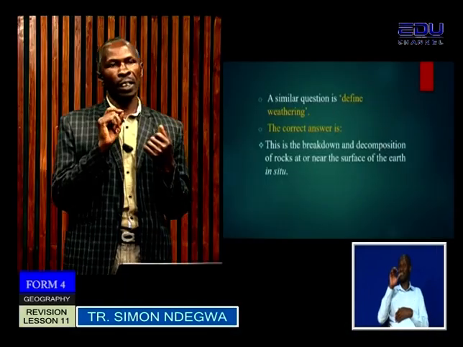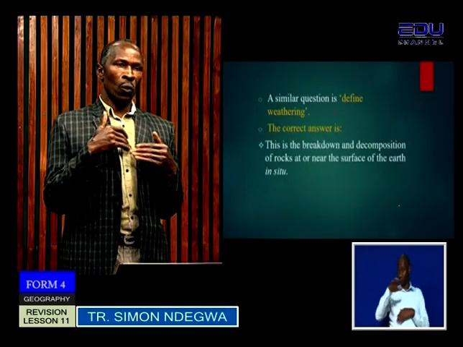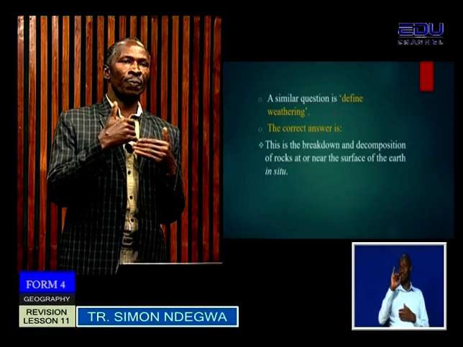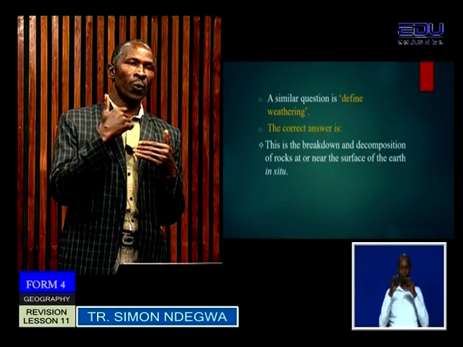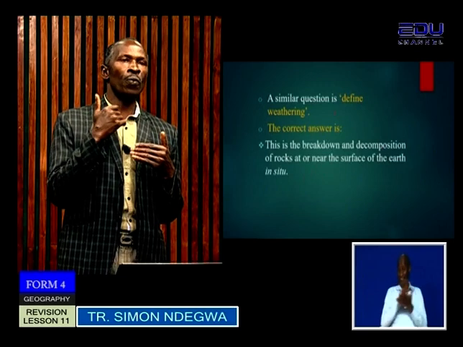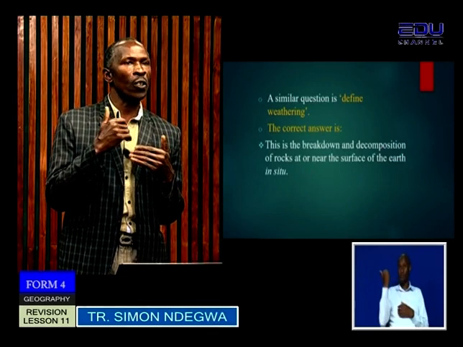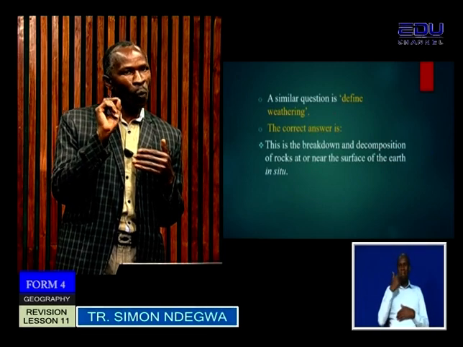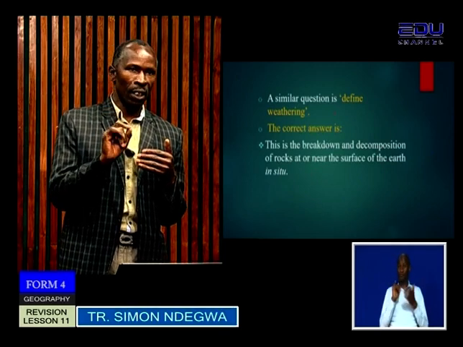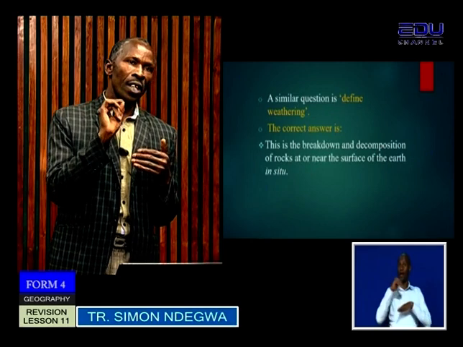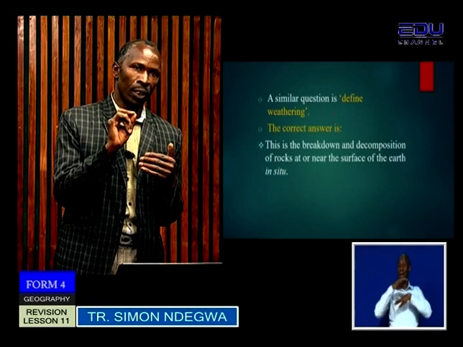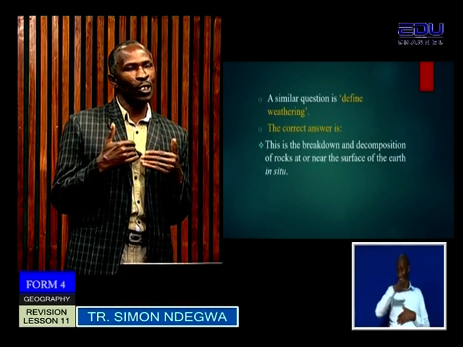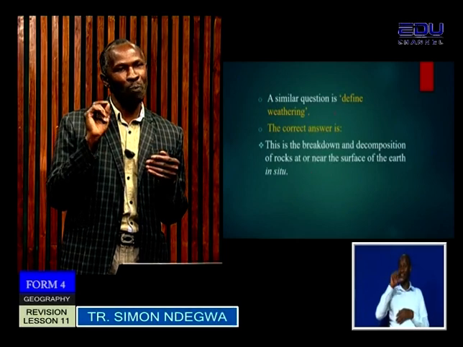I want to make it clear, in most cases, when learners are defining or saying what weathering is, they usually forget to mention where it occurs. It is very important. We must say where it occurs, that is, at or near the Earth's surface. Then in situ means without movement.